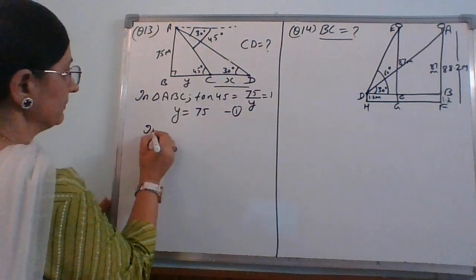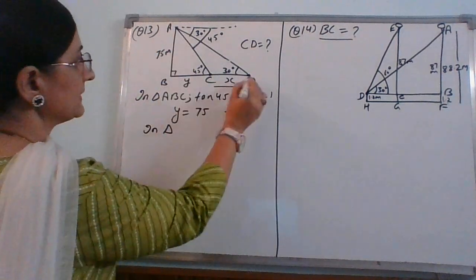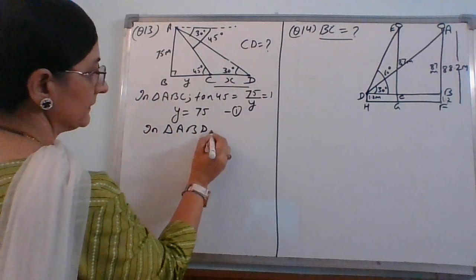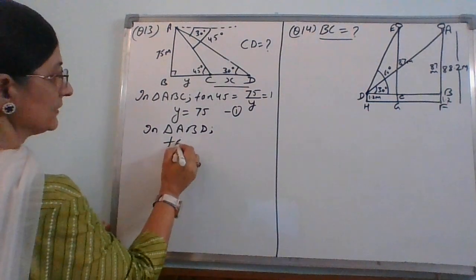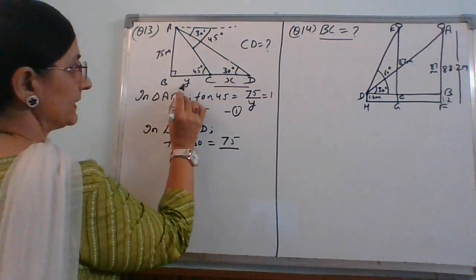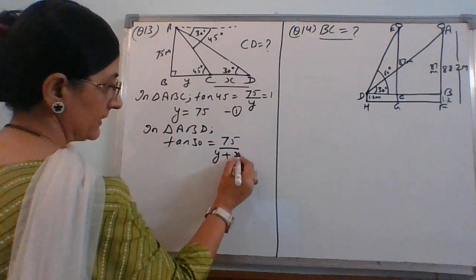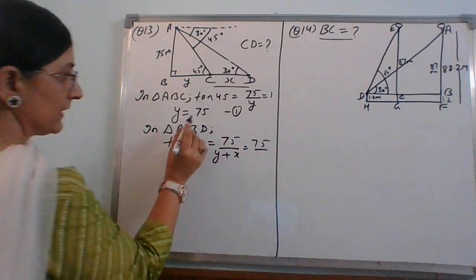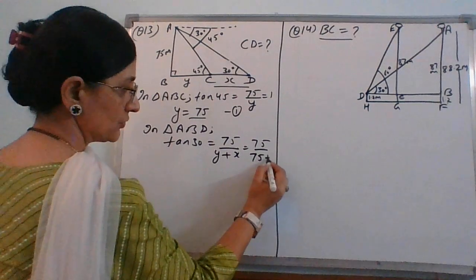Okay, now let us take the bigger triangle. In triangle ABD, we have tan 30, right? The perpendicular is the same. The base will be y plus x. So here y we have already found as 75. Let us substitute this.